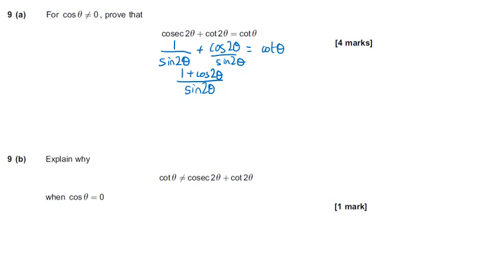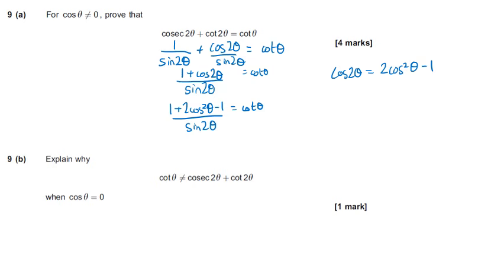Okay, and then from there, where can I go? Well, I know that cos 2 theta is equal to, and there are various ways of writing this, but one way that's going to be useful to us is to write 2 cos squared theta minus 1. We'll use that form because the ones will cancel on top. So we're going to get 1 plus 2 cos squared theta minus 1 divided by sine 2 theta.